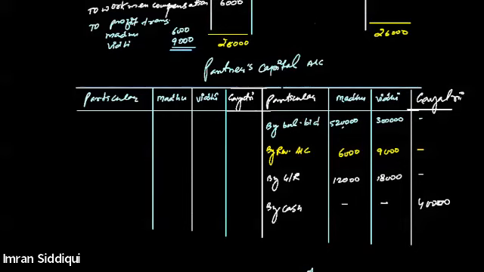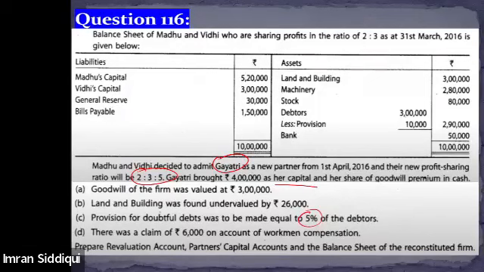Okay. Then the question also tells us that she is bringing her share of goodwill as well. The total value of the goodwill of the firm is standing at 3 lakh, right? Her share of goodwill will be 3 lakh into 5 upon 10. Her share in the firm, the new profit sharing ratio is 2 is to 3 is to 5.